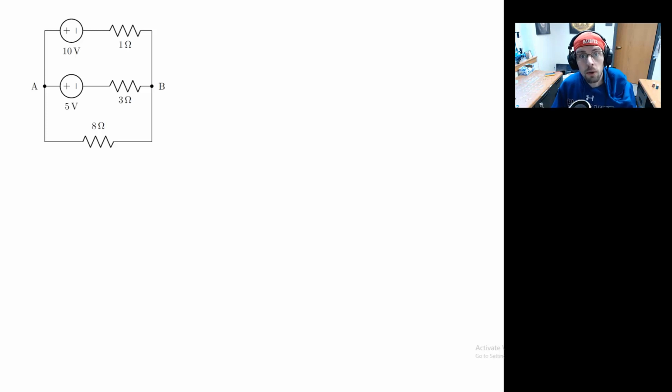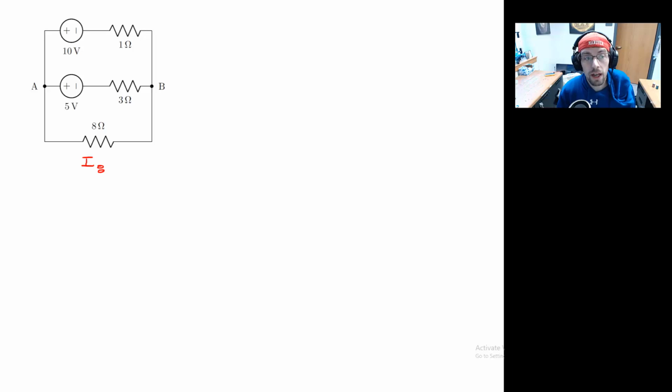So let's go ahead and use our example circuit and see if we can apply the source transformation ideas in order to find the current through the 8 ohm resistor.